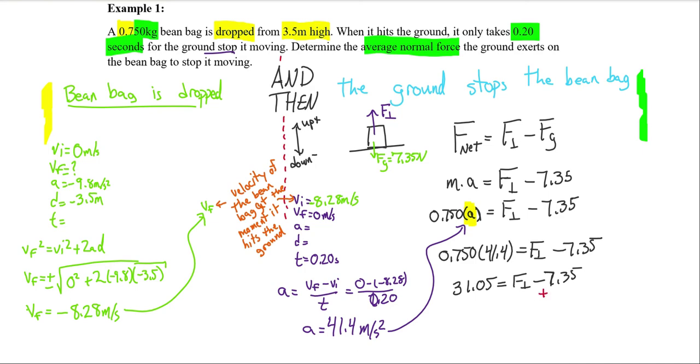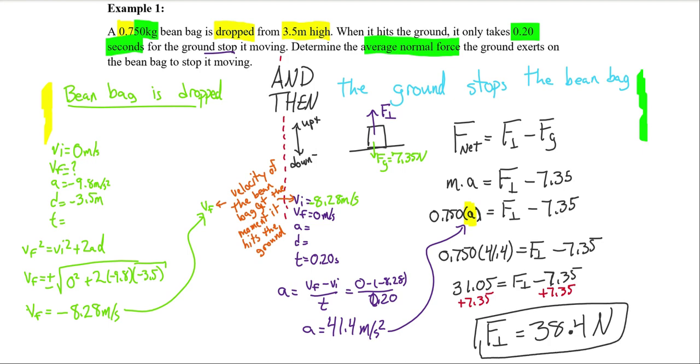And since that is subtracting 7.35, we can add 7.35 to both sides. And we find out that our normal force is 38.4 newtons. And hopefully it makes sense that the normal force is larger than gravity because it has to accelerate the beanbag to a stop.